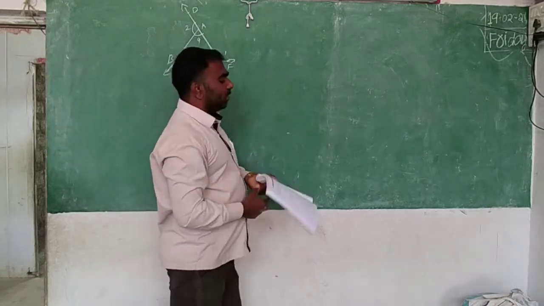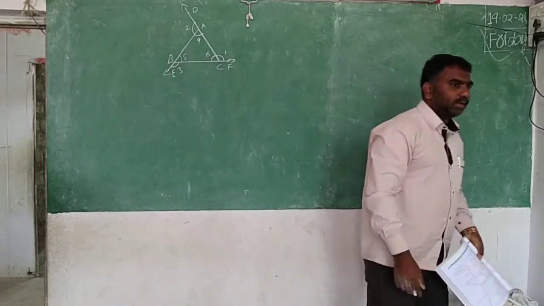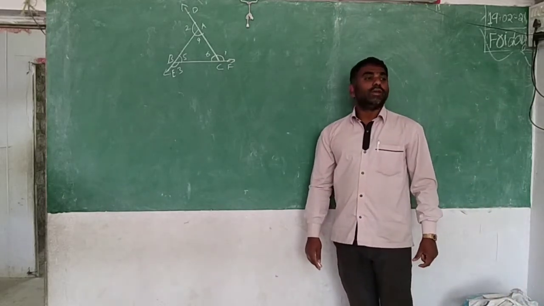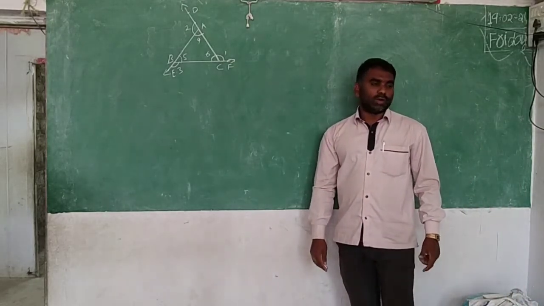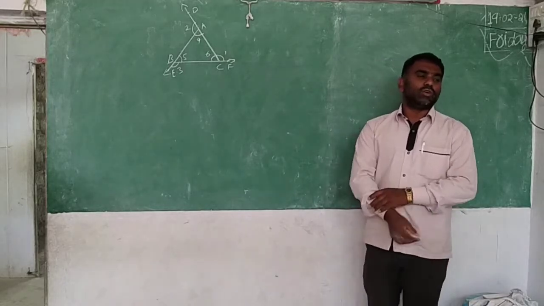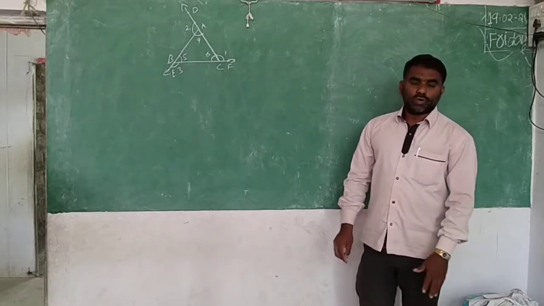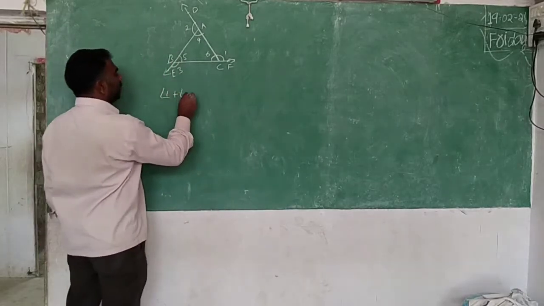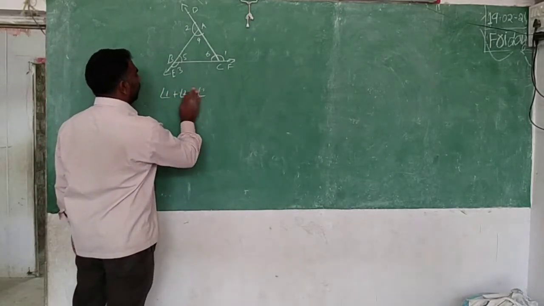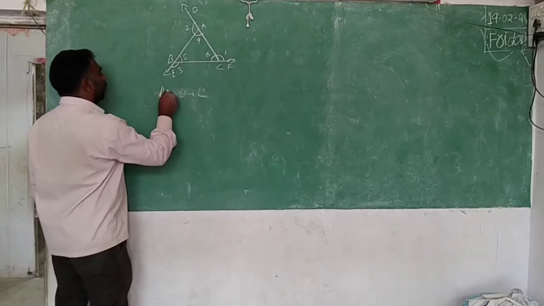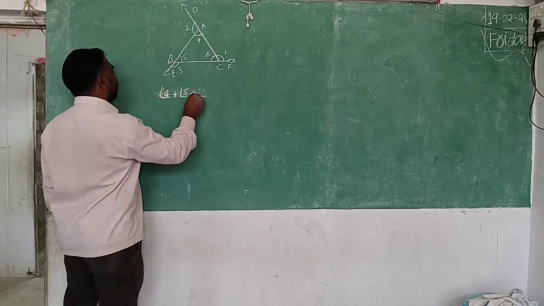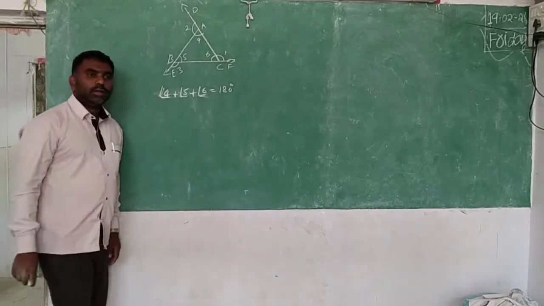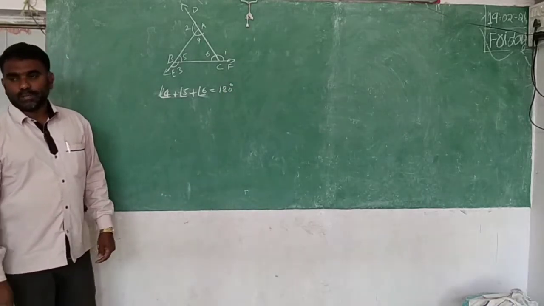So interior angles are there and exterior angles are there. You know the sum of interior angles is equal to 180. You know that already. Based on that, angle 4 plus angle 5 plus angle 6 is equal to 180. You know about that already, because of the angle sum property.